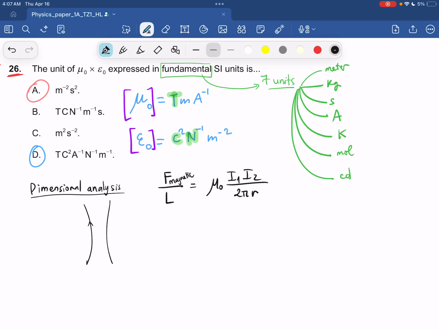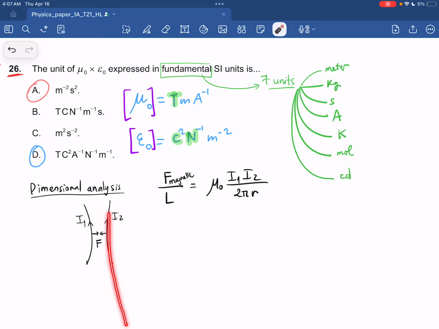If we have current I1 like this and current I2 like this, in the same direction, they will attract each other with a magnetic force. Usually we consider the case where the length reaches infinity, so we just find the magnetic force per unit length of each wire. And r here is the separation between the two currents.